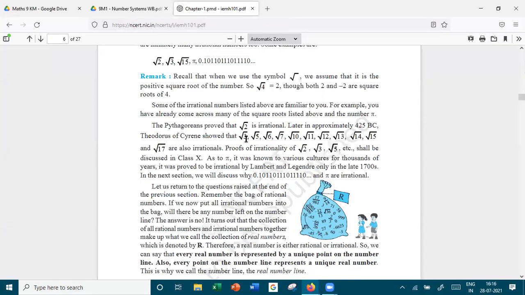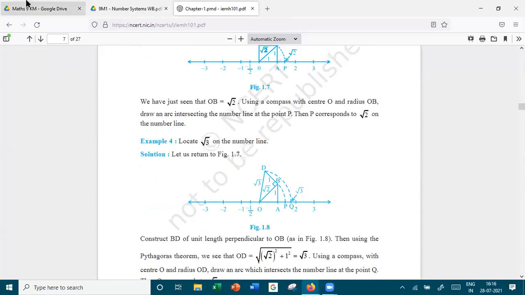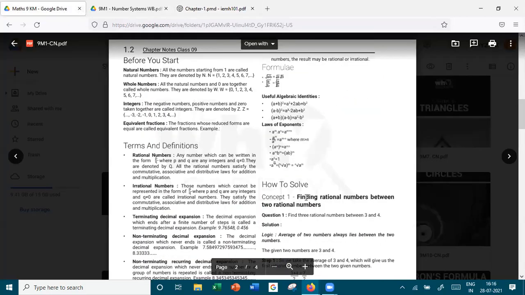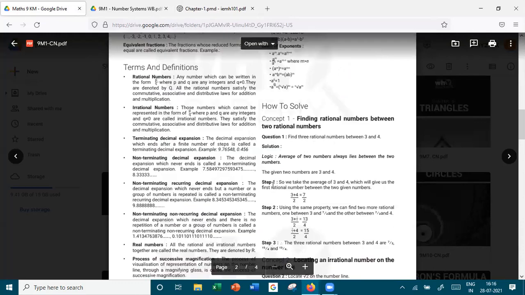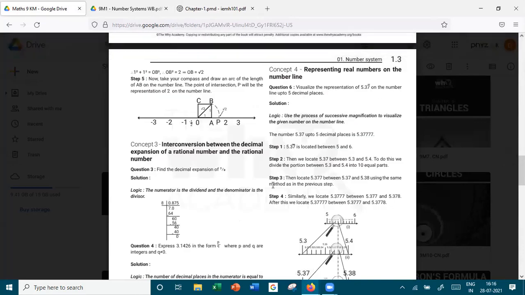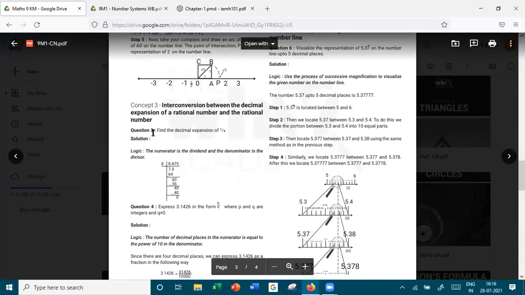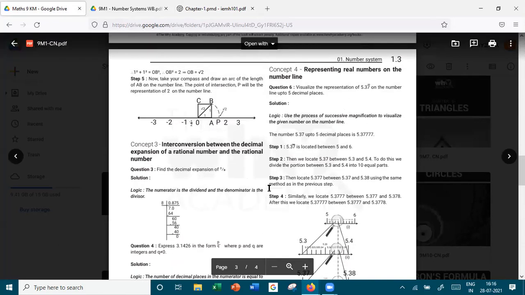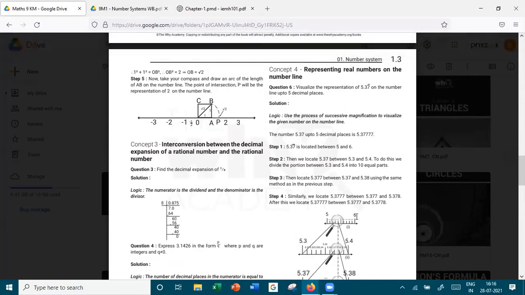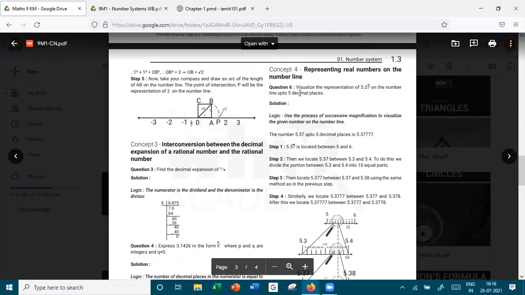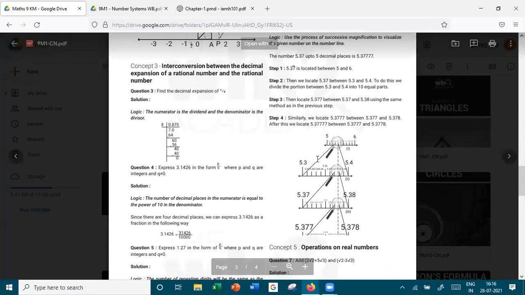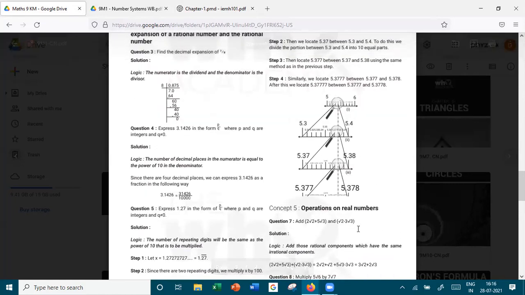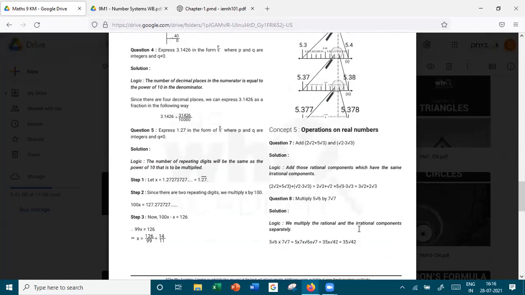So we need to do number line, and what else do we need to do? I did the division part. You don't have successive magnification. It was not there last year also. So this part of representing real numbers on the number line up to some decimal places, this kind of questions are not there. So successive magnification is omitted.